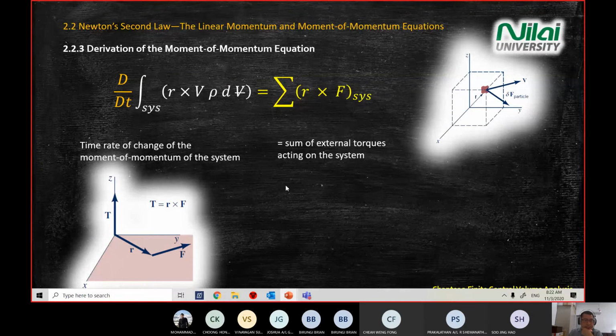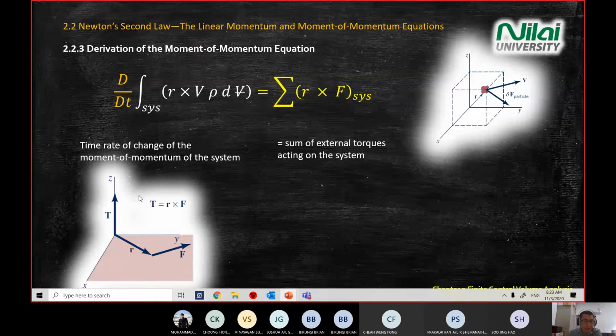All right. Now this is just to recall what the cross product means, just a recap for your physics. So let's look at a simple torque system. Let's say you have a force with a distance. So force times radius, force times distance. In this case, we get a torque.